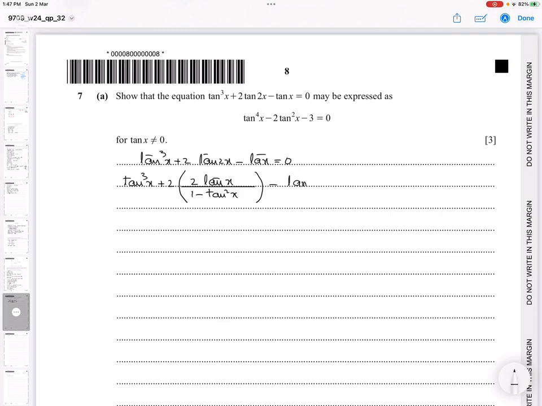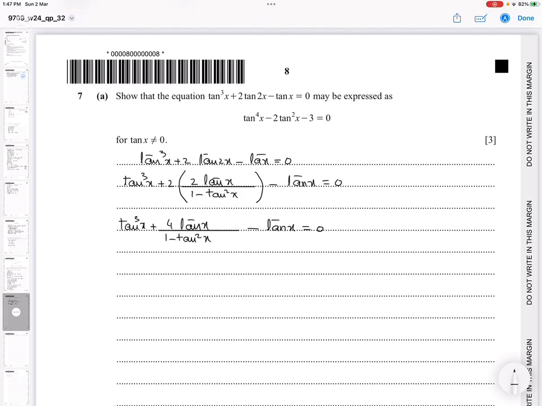First I multiply 2 with the bracket, so it becomes tan 3x plus 4 tan x over 1 minus tan square x, minus tan x equals 0.